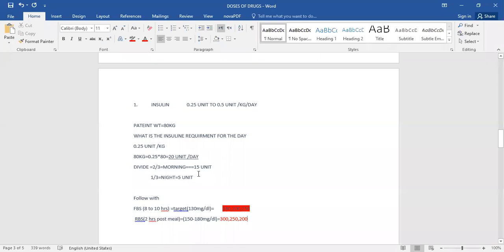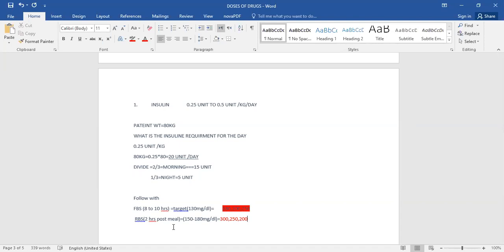So we discussed this two-dose regimen. If the patient is on a three-dose regimen, using a combination of intermediate and short-acting insulin pens, and you are giving TID doses, then you need to see the time of the high levels, whether it is post lunch or post dinner.